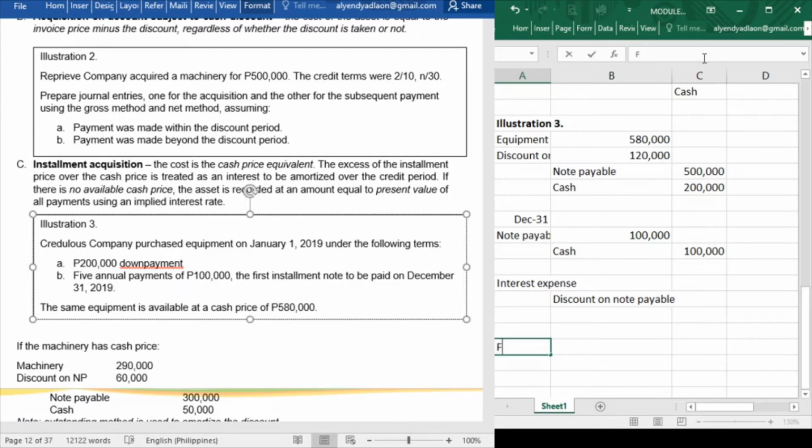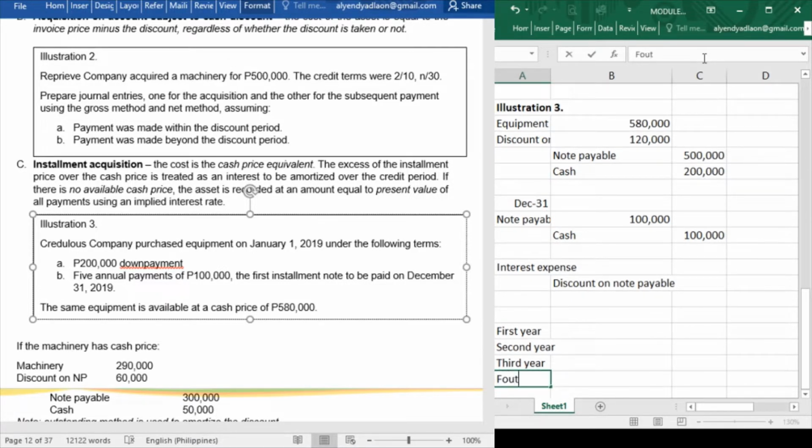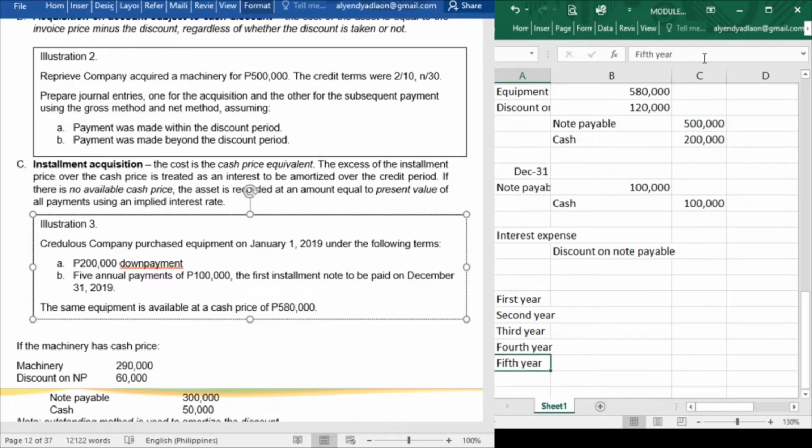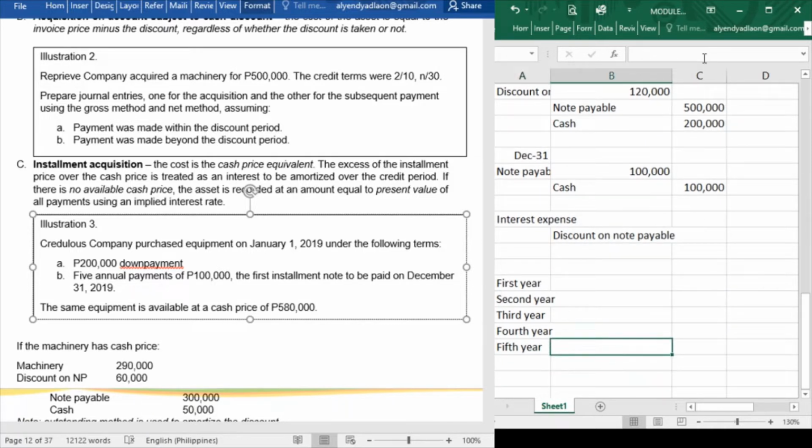We will record the outstanding balance at the beginning of the first year, the second year, the third year, the fourth year, and the fifth year. So how much is the outstanding balance of our note payable at the beginning of the first year? It is the 500,000, because that is our initial measurement of the note payable.